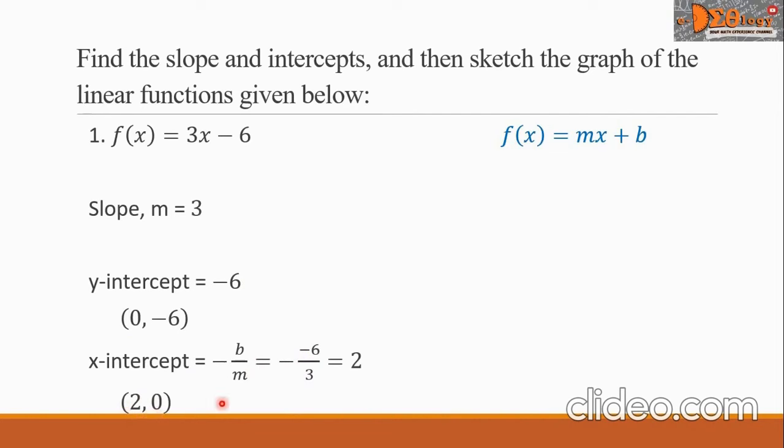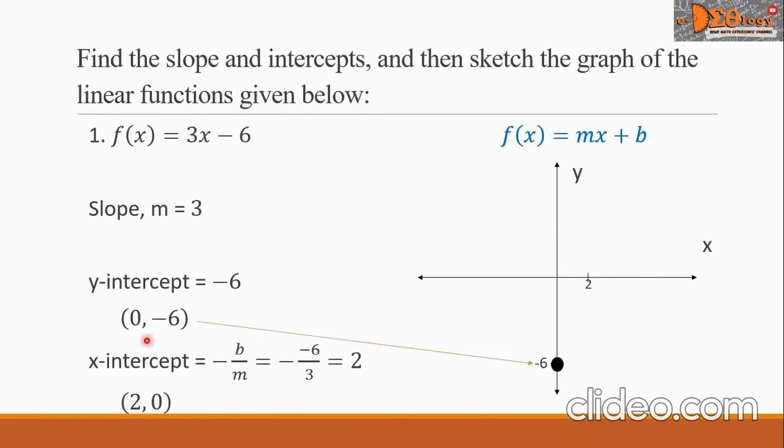Now, let us sketch the graph. Let us show the x and y axis, and then identify the negative 6 in the y-axis and the positive 2 in the x-axis. Then let us plot the points.